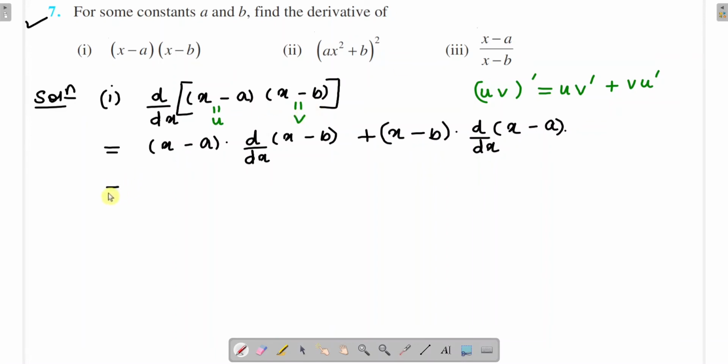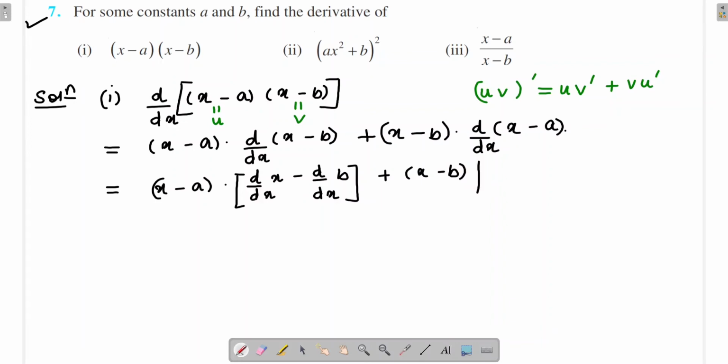Okay, so this will be equal to x minus a multiplied by, now see, the derivative of x we have to take, so d by dx of x minus the derivative of the constant b, plus x minus b, then here the derivative of x, that is d by dx of x, minus the derivative of this constant a.